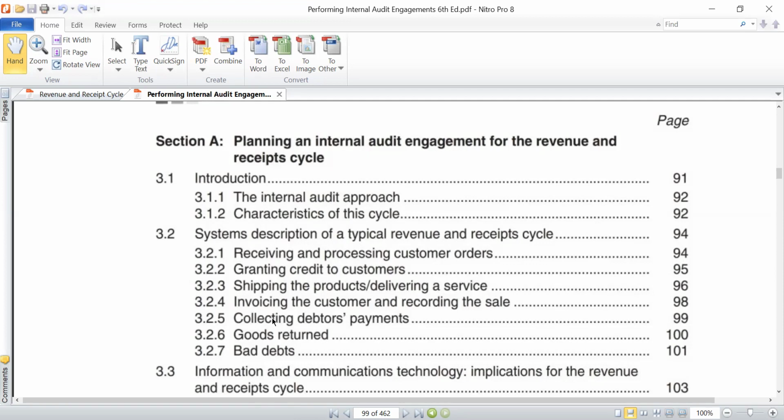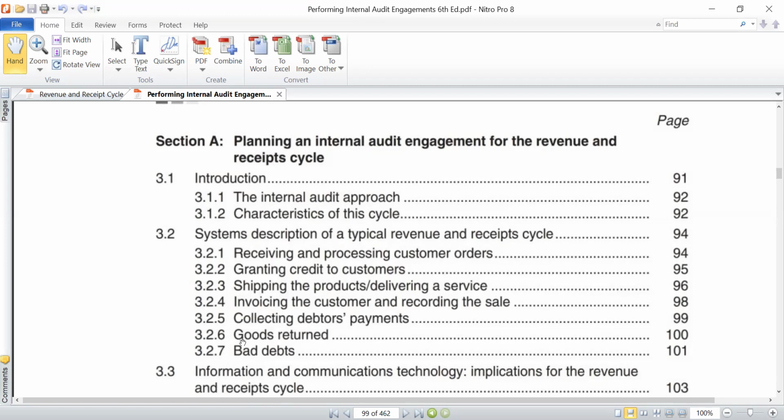Supposedly you had sold the product or offered a service to the consumer on credit, you need to ensure that you've got appropriate measures of following up on payments from your debtors. And that's what 3.2.5 deals with.